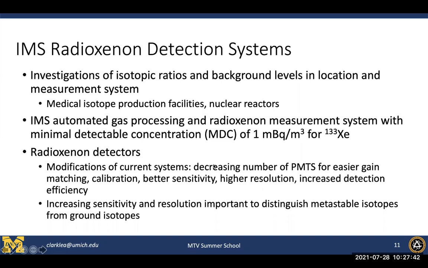This includes decreasing the number of photomultiplier tubes for easier gain matching, for example, helping with calibrations, improvements for better sensitivities and higher energy resolutions, as well as increased detection efficiencies. Big ones for helping with the detectors are increasing the sensitivity and the energy resolution, so that, again, they can help distinguish between those metastable isotopes and these ground isotopes that I've been mentioning.